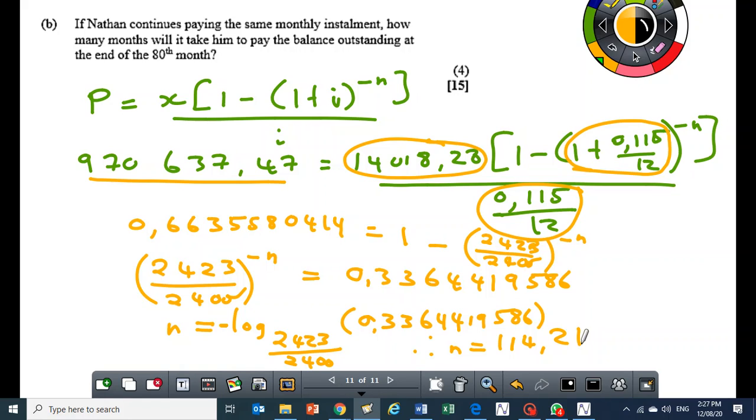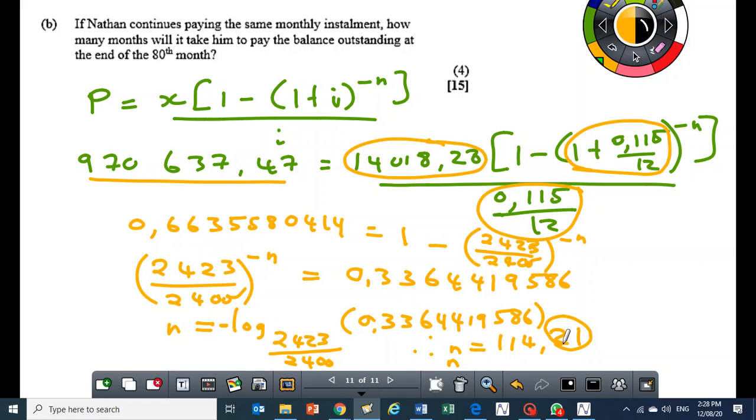The question is saying, if he continues to pay the same monthly installment, how many months will it take him to pay the balance outstanding at the end of the 80th month? Because we want the number of months, remember that the number of payments and the number of months for this question are more or less the same.